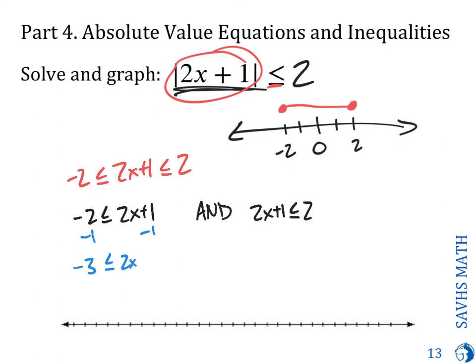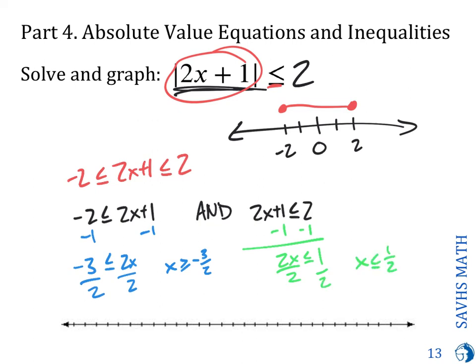Like that, divide by 2, and I get x is greater than or equal to negative 3 over 2. That's 1.5. It's the same as 1.5. Over here, minus 1, we get 2x is less than or equal to 1. Divide by 2, we get x is less than or equal to 1/2.